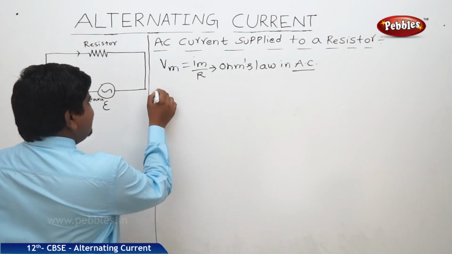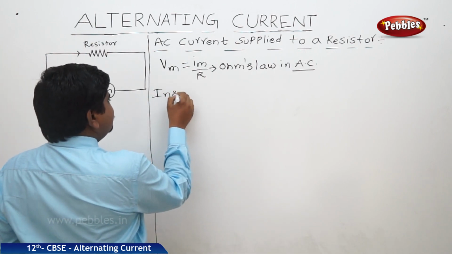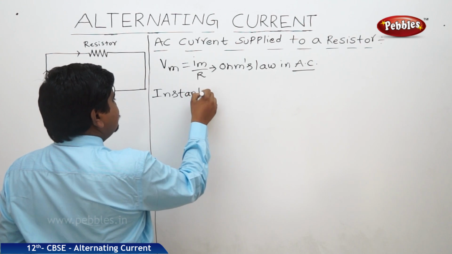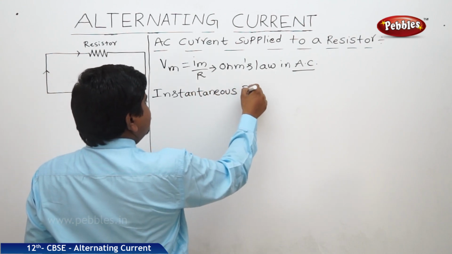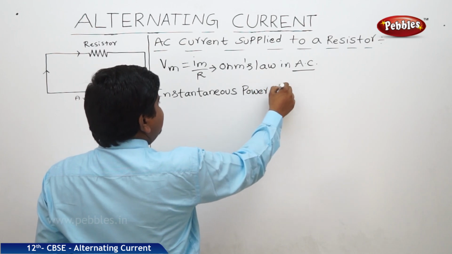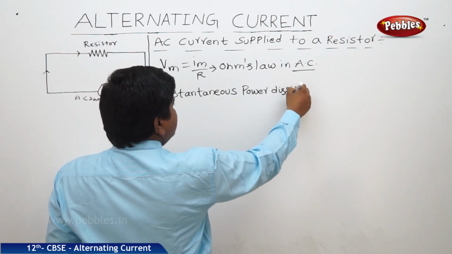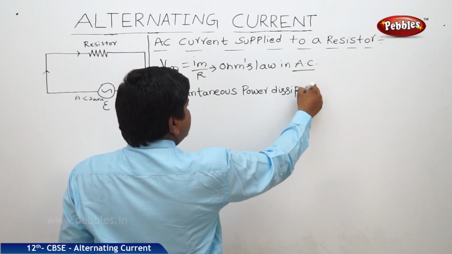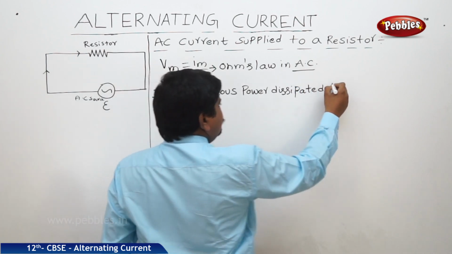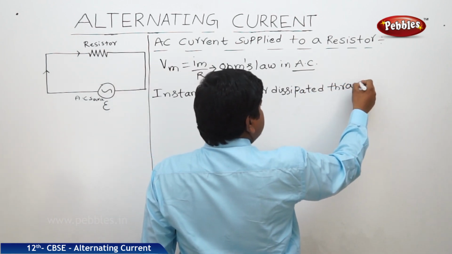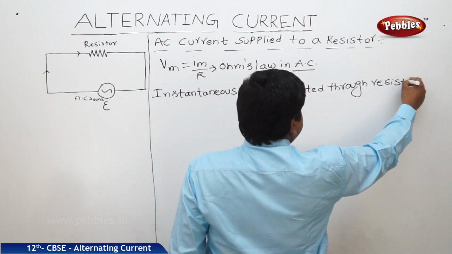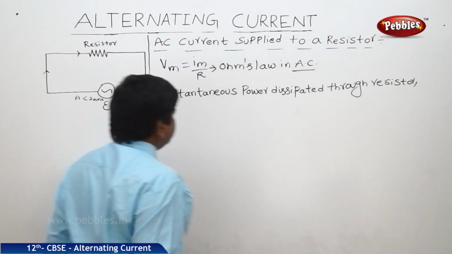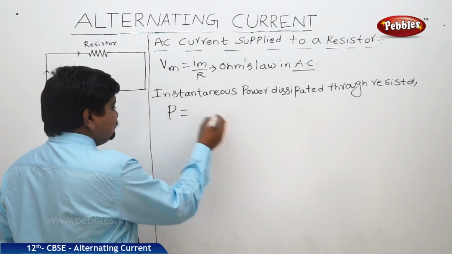So what is the instantaneous power? Power dissipated through resistor is equal to P is equal to, what is the formula of the power?